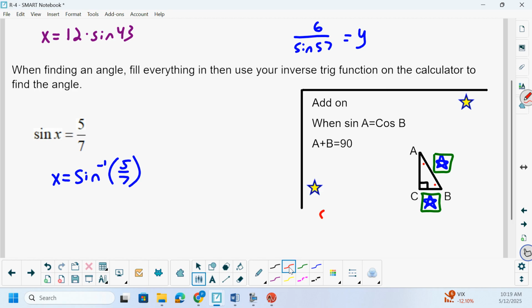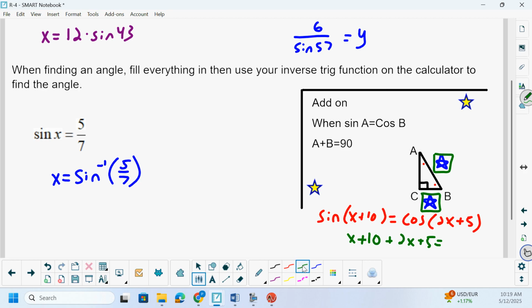So like if they told you that we had sine of x plus 10 is equal to cosine of 2x plus 5, let's say, because sine and cosine are equal, we know that those angles must add up to 90. Because if sine and cos are equal, it's really just working with the two acute angles in the right triangle. So we would just do x plus 10 plus 2x plus 5 is equal to 90, and then we would go through and solve.